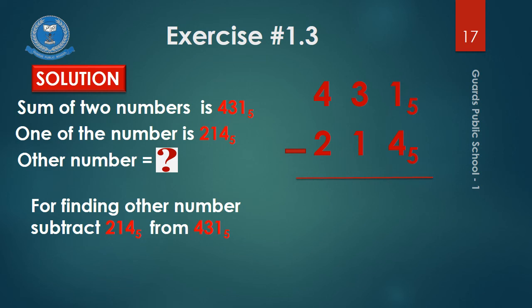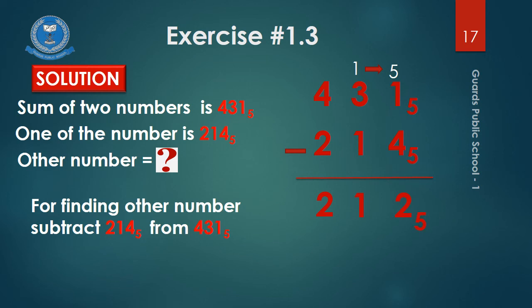We cannot perform this subtraction because 1 is lesser than 4. Therefore, we need to borrow 1 from this 3, which means 1 5. Now 5 plus 1, 6, and 4 minus 6 is equals to 2. Here 2 is left. 2 minus 1 is equals to 1, and 4 minus 2 is equals to 2.